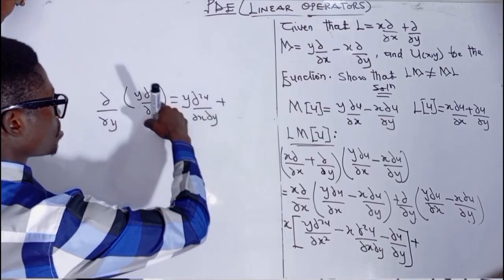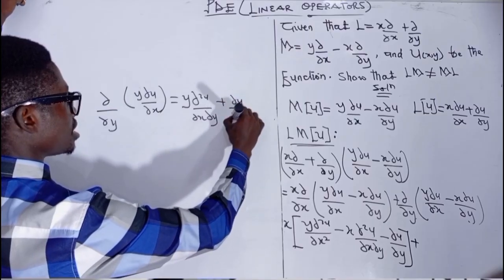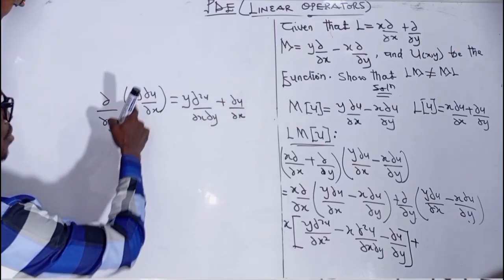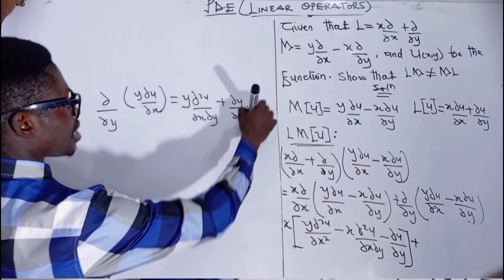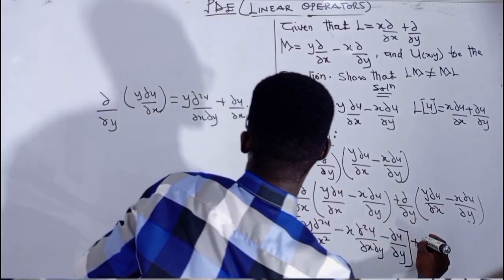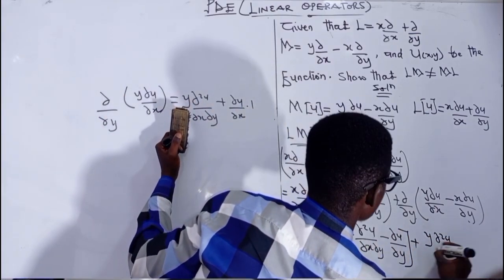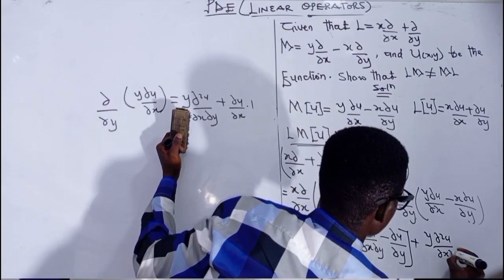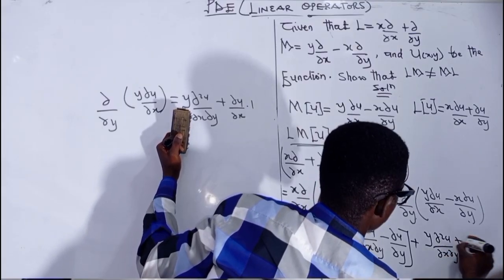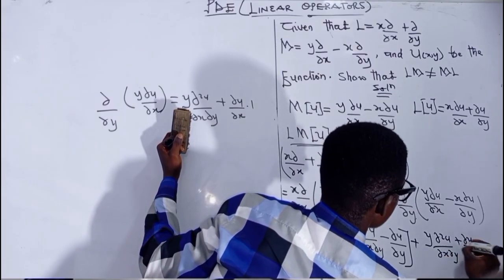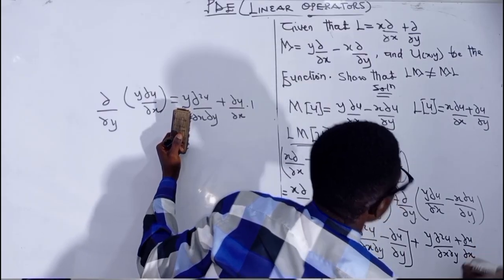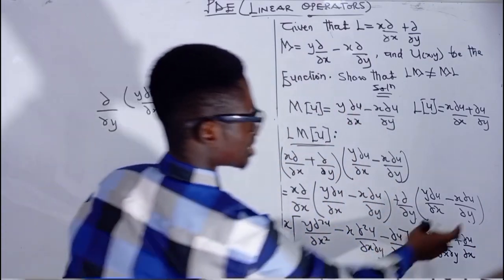So we are going to keep ∂u/∂x, and then we differentiate y with respect to y. That is going to give us 1. So the first one is going to give us y ∂²u/∂x∂y plus ∂u/∂x.